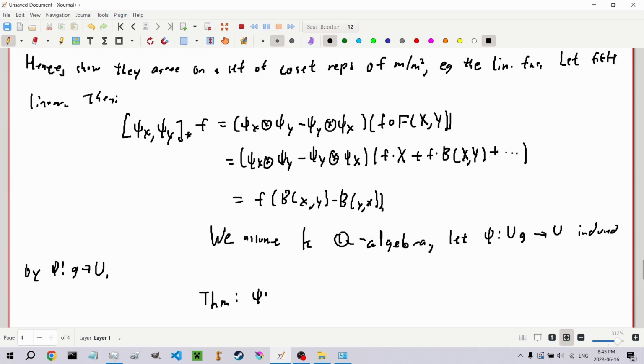We have a theorem: C from U of G to U is actually a bialgebra morphism.